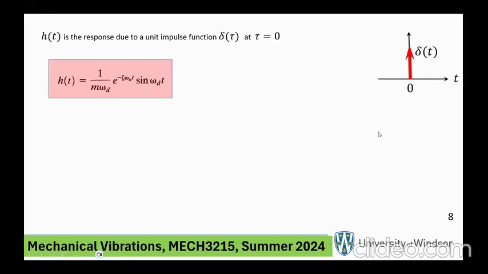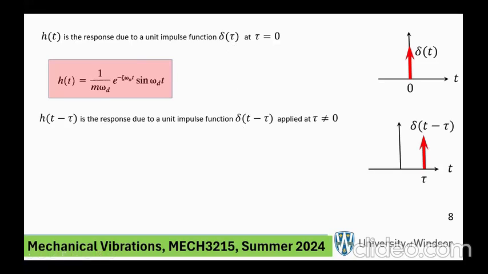So h of t is the response due to the unit impulse function delta tau, at tau equal to 0, of course. And this is also called the Dirac delta function.